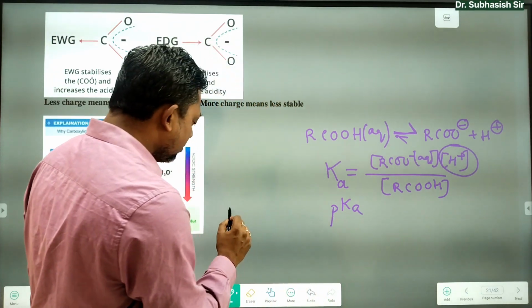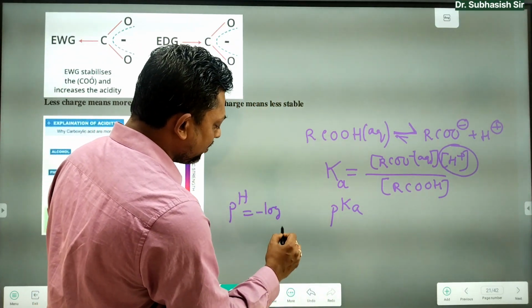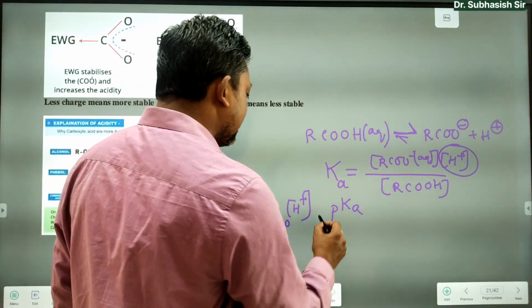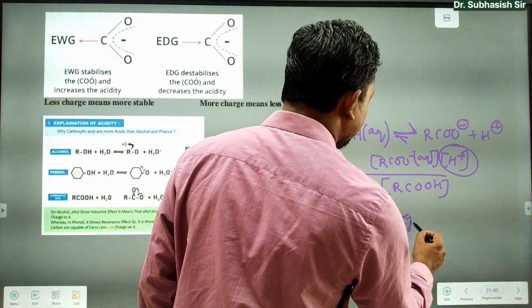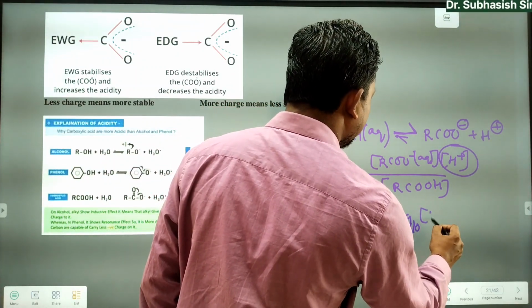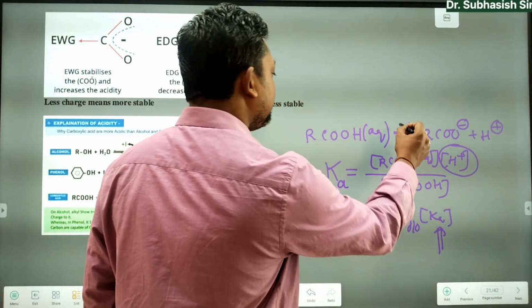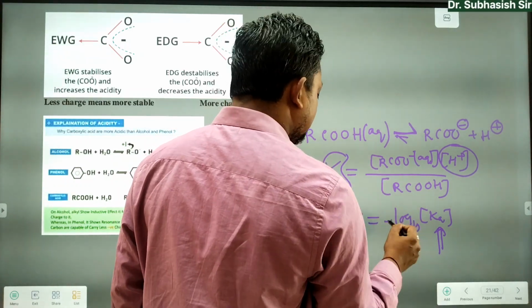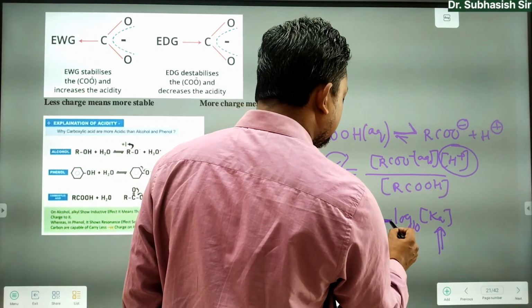Now another important point is what is pKa? As I discussed, pH is the negative logarithm of hydrogen ion concentration. So we can also say that pKa will be the negative log 10 of Ka. The more the value of Ka, the more the dissociation constant, and consequently pKa will be less, because a negative sign is there.